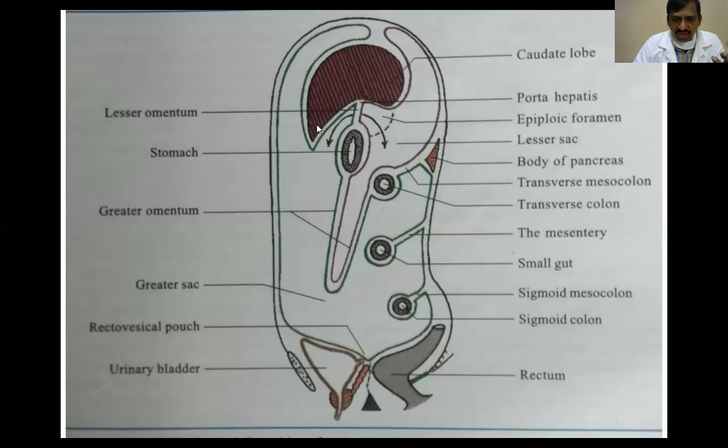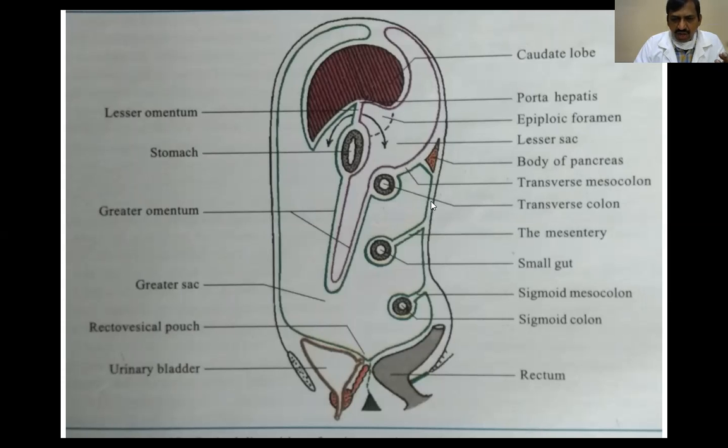Here it takes part in the formation of the falciform ligament, and here this is the lesser omentum. The anterior layer of the lesser omentum is formed by the greater sac peritoneum, and the posterior layer is formed by the lesser sac peritoneum. Here you see another ligament, the transverse mesocolon. Here also it is lesser sac peritoneum, and this is the greater sac peritoneum.